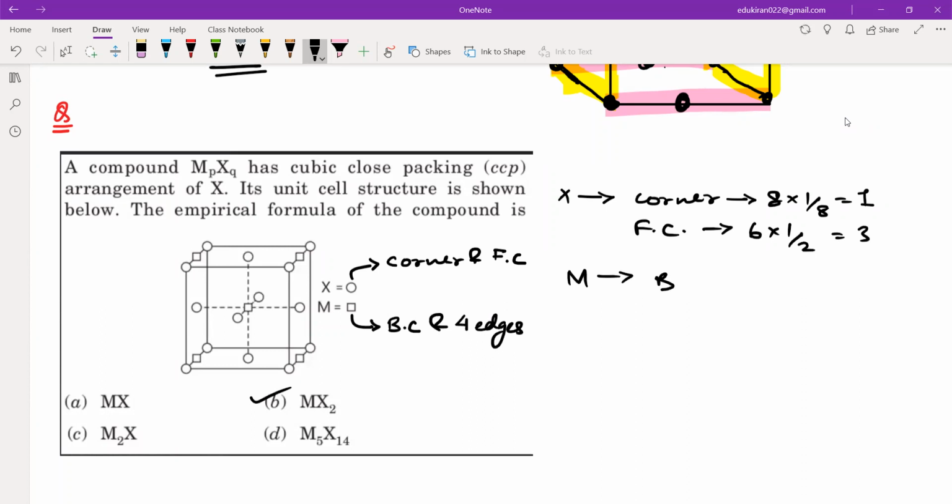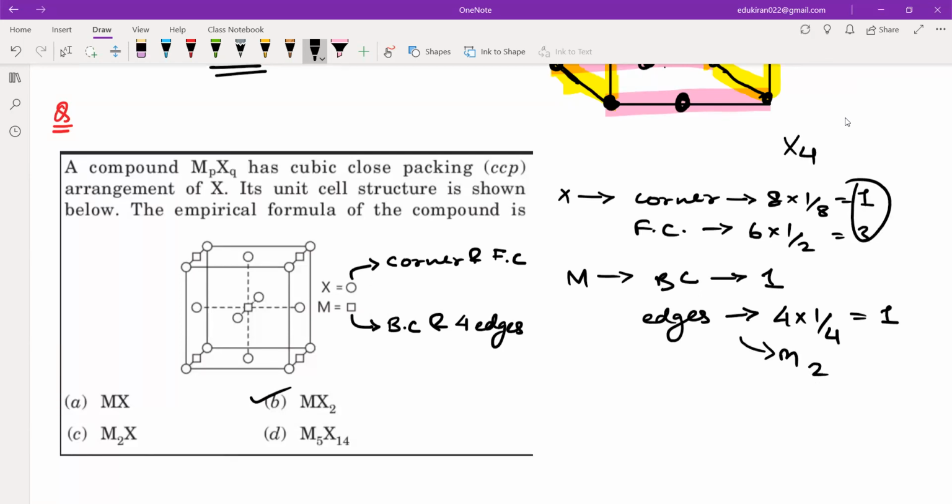M is at the body center, which will give me 1, and 4 edges, right? So it is present in edges, and 4 into 1 by 4, the contribution, which will be equal to 1. So here we have x, which is equal to 4, and m is how much? 2. So you have m2 x4, and when you simplify it, you will get mx2, right? You will get mx2.